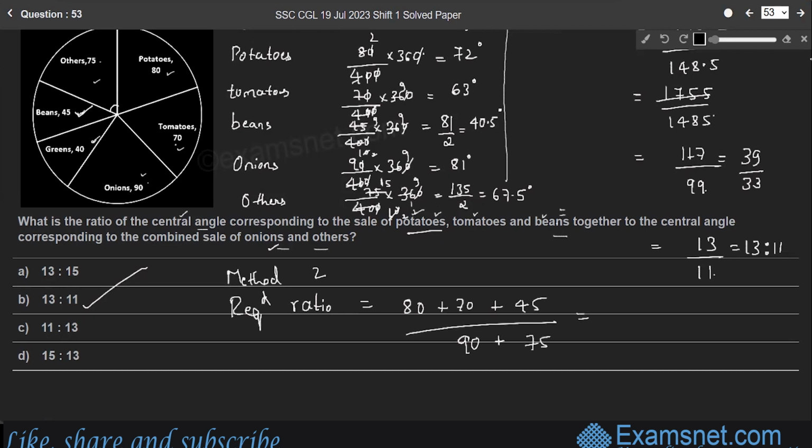Directly take the ratio, it is 150 plus 45, 195 divided by 165. Right? So we can take 195 divided by 15, you will get 13. Whereas 165 divided by 15 is 11. Therefore, the ratio is 13 is to 11, which is the easiest method.